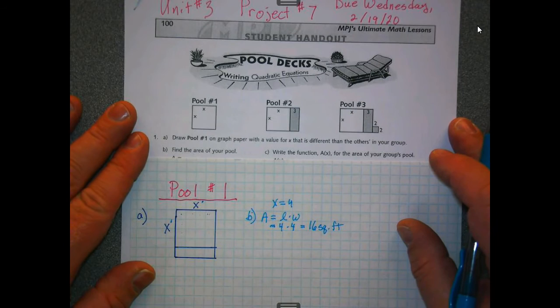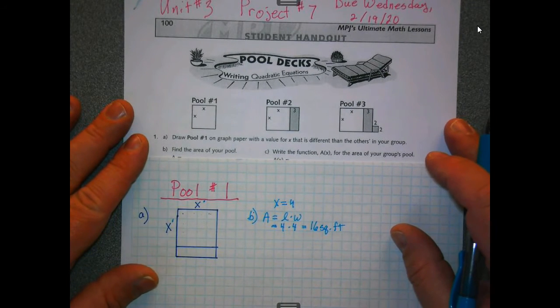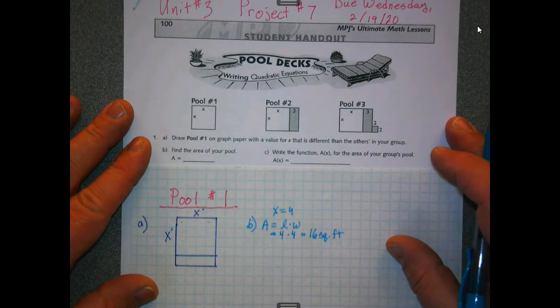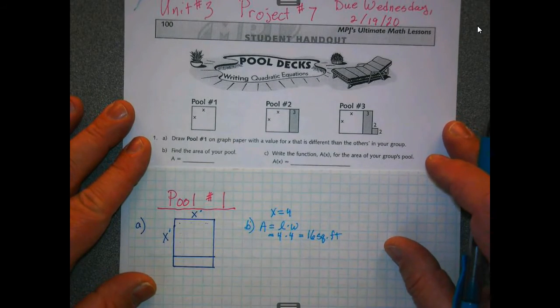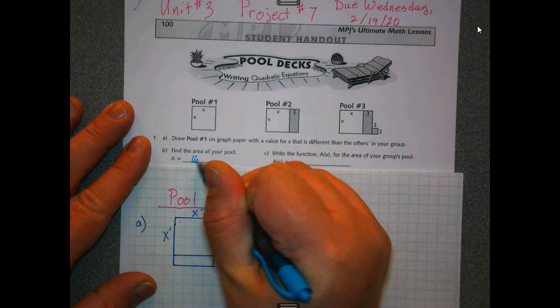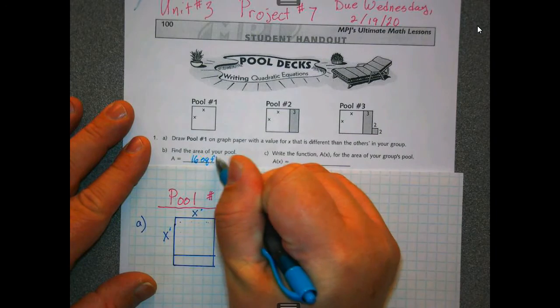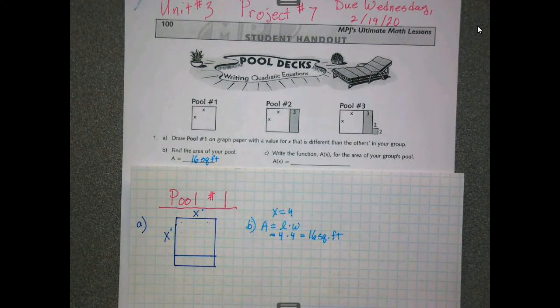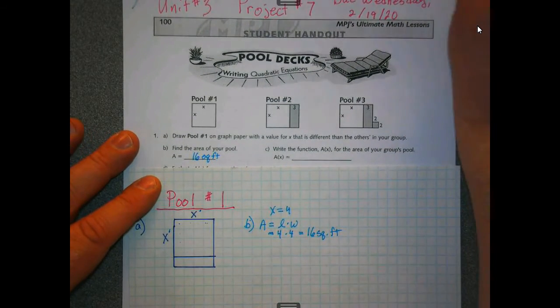C. Write the function a of x for the area of your group's pool. Okay, so here's my 16 square feet. Now this, because it's throwing math terminology at you, even though it's from Algebra 1, I could see it starting to confuse people. Okay? But it really shouldn't.